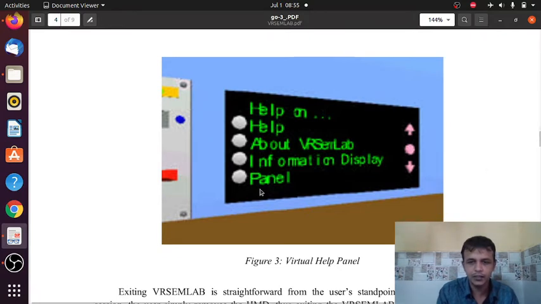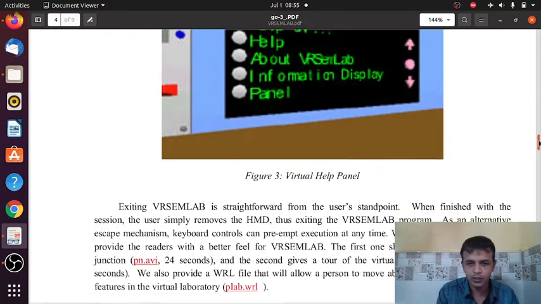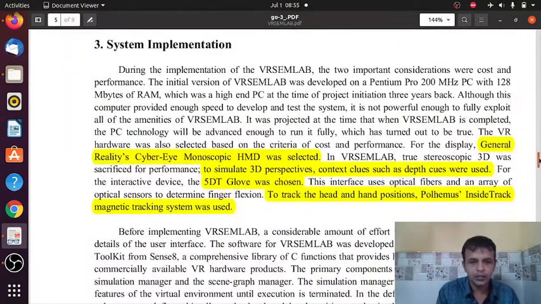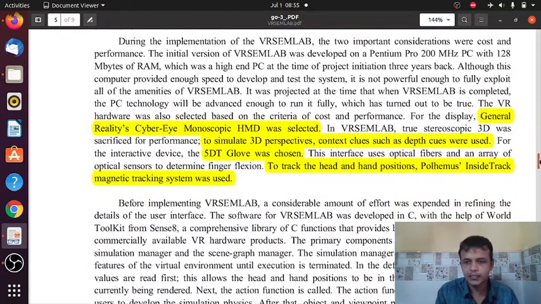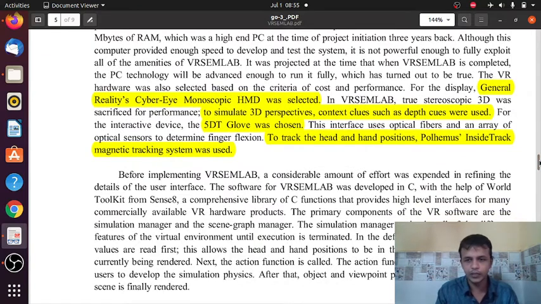Here this is the information panel mounted on the virtual wall. Okay, so here is the system implementation. For the head mounted device, they used a General Reality CyberEye monoscopic head mounted display, and to simulate 3D perspectives they used depth cues. For the virtual reality hand glove, they used the 5DT glove.